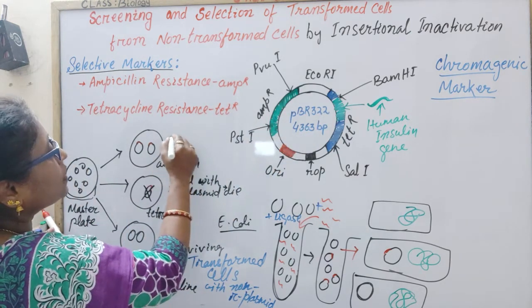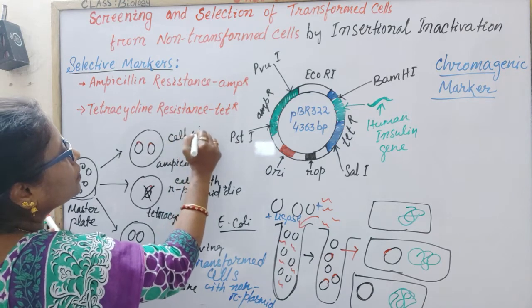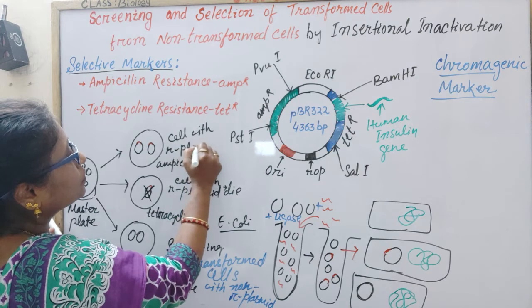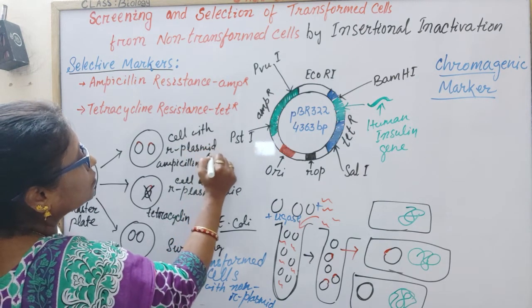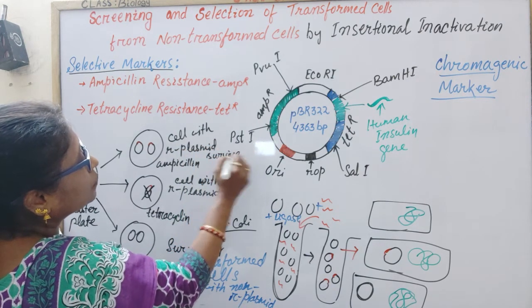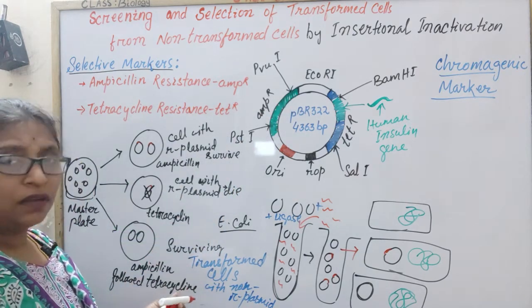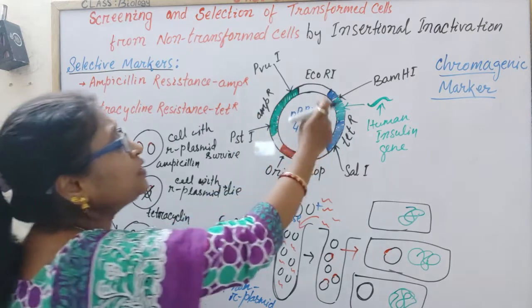Here the cell with the R plasmid survives, because no insertion is done in the ampicillin region. That's all. Again I am telling, insertion is done.